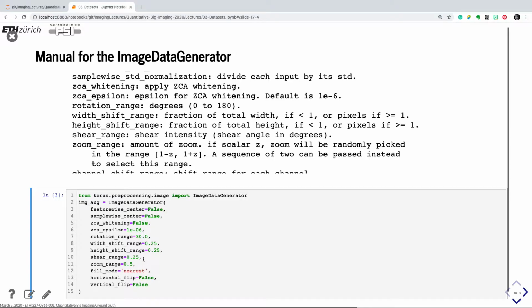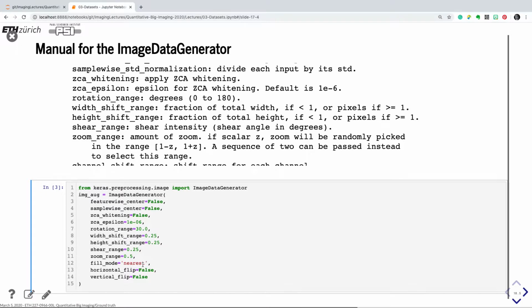So you would get rhomboids out of rectangles. Also zoom can be introduced, and flips, horizontal and vertical, are disabled. So with this you can set up an environment for augmenting the data.